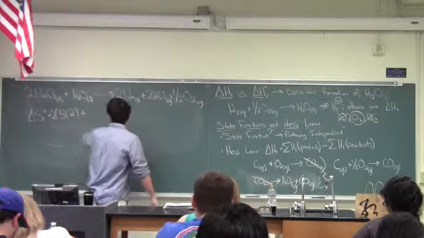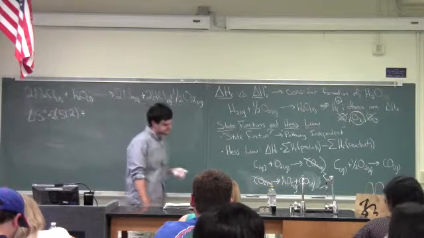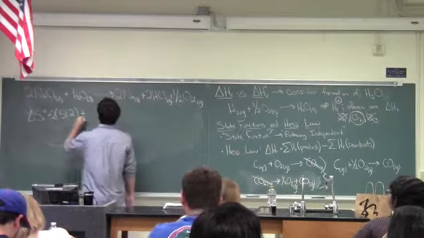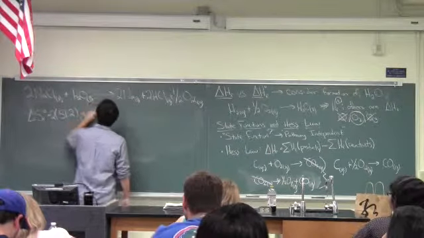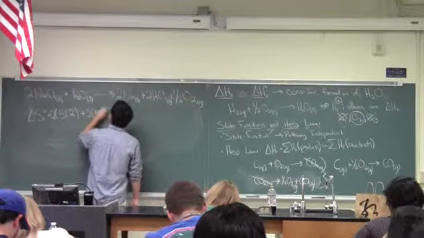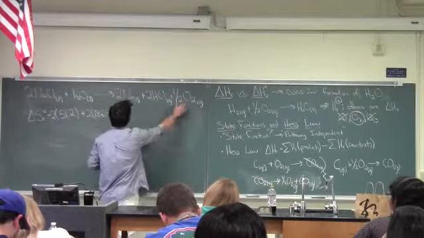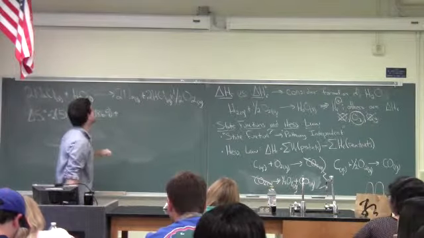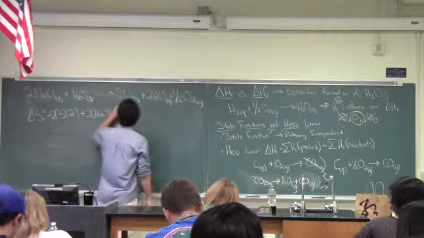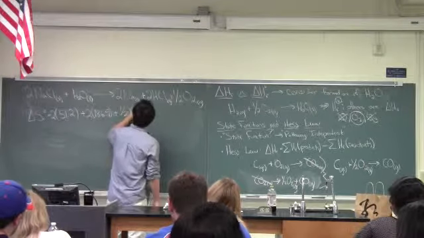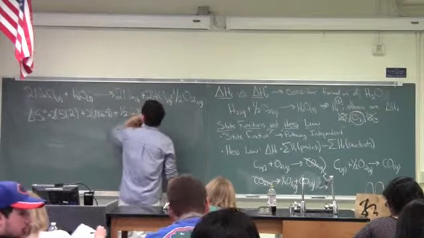Next, S value for HCl. 186.9. Again, we got 2 of them. S value for gaseous O2. Make sure you get the right allotrope. I think that's right.